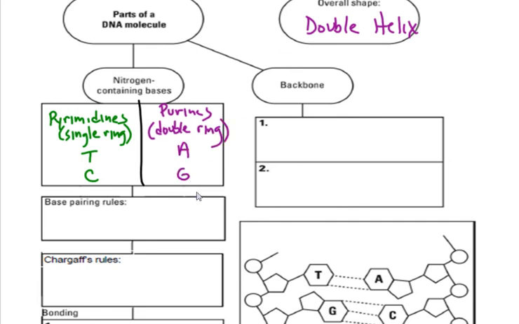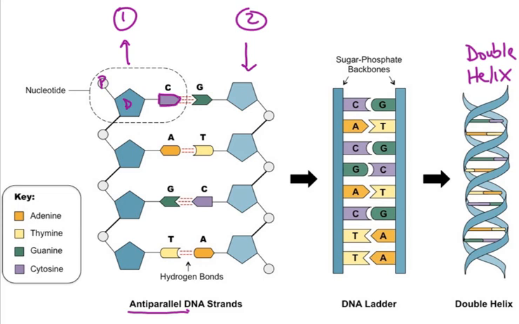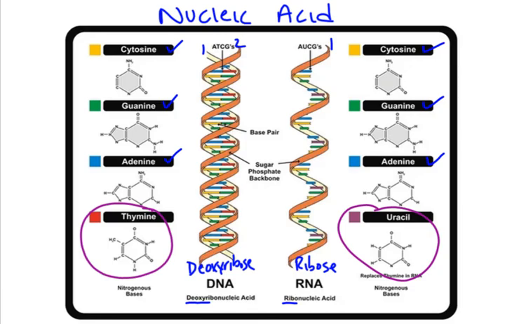Now the thing to notice here is a big one bonds with a little one. So if we go back, notice how T and C, your pyrimidines, have a single ring.